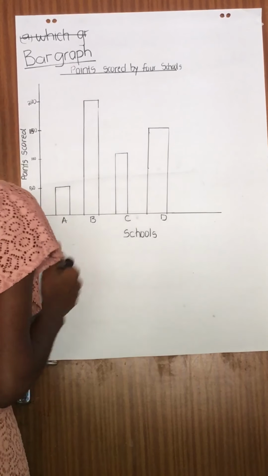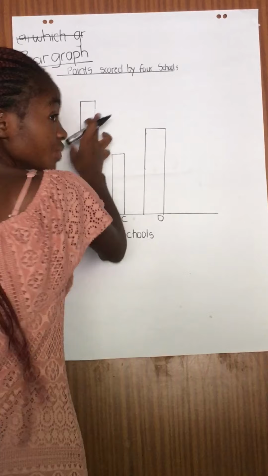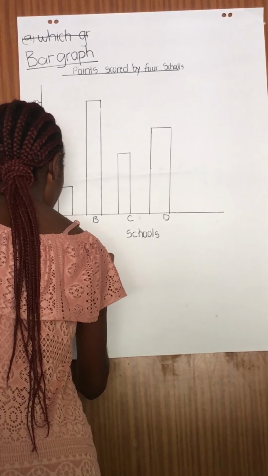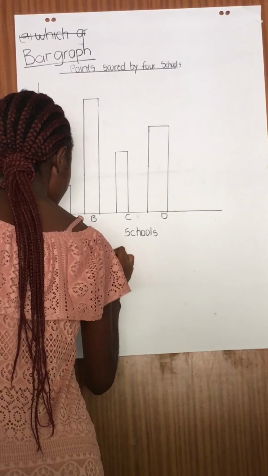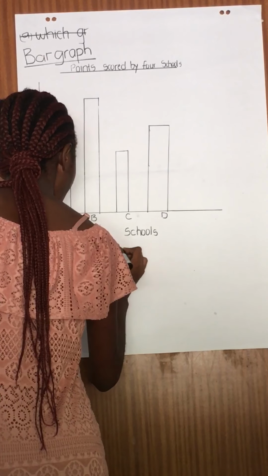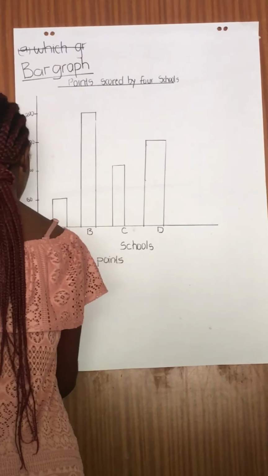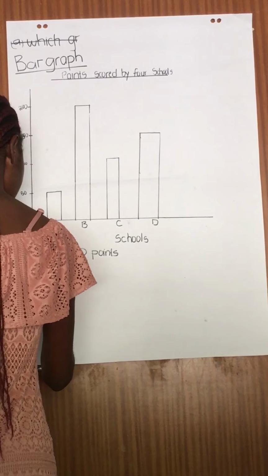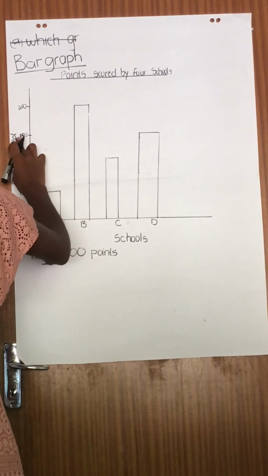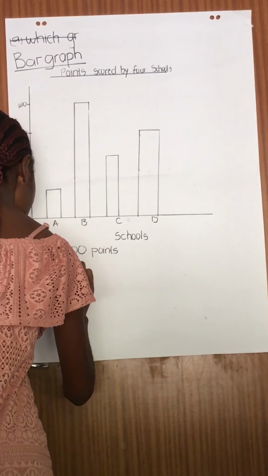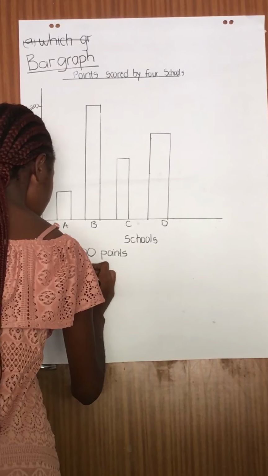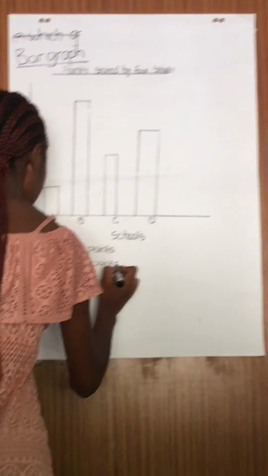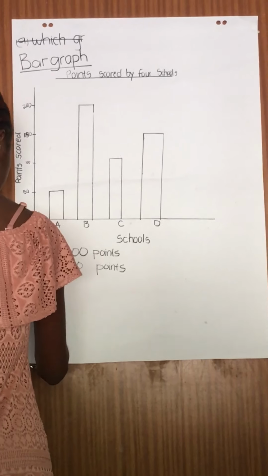Our highest school got 200 points, which is school B. And then we are going to minus 150 points, which is school D.